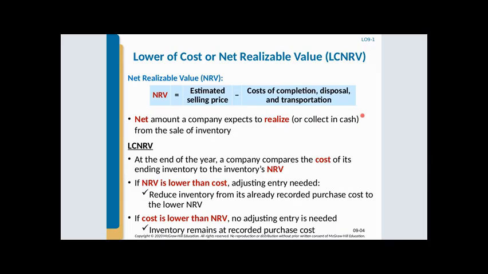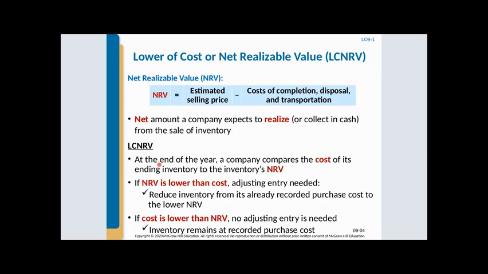So the first method is the lower of cost or net realizable value. Net realizable value is basically defined as the estimated selling price less any selling costs, or cost of completion or transportation that has to do with selling that product.